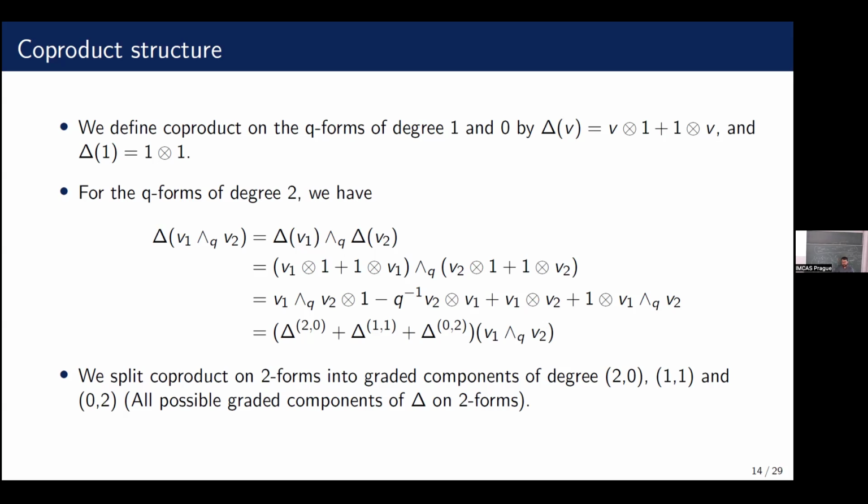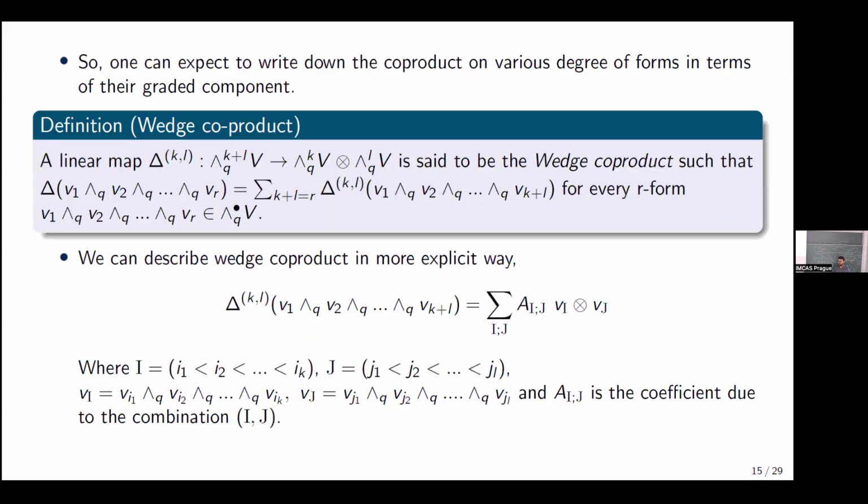So in this way, you split your two forms into the graded components like (2,0), (1,1), and (0,2). So from here, one could expect to do this kind of stuff for the general degrees.